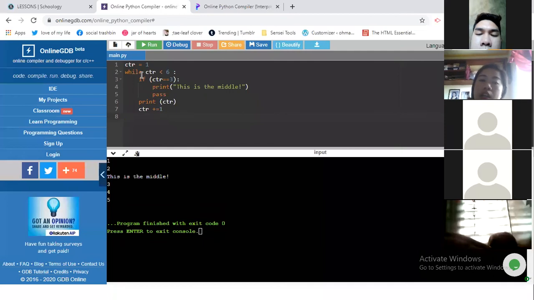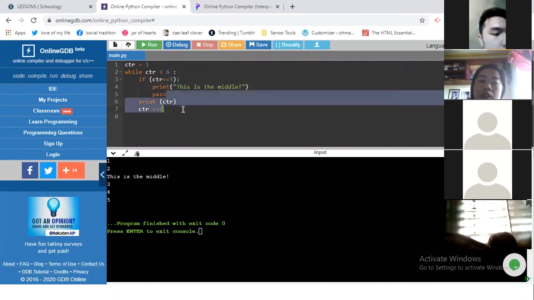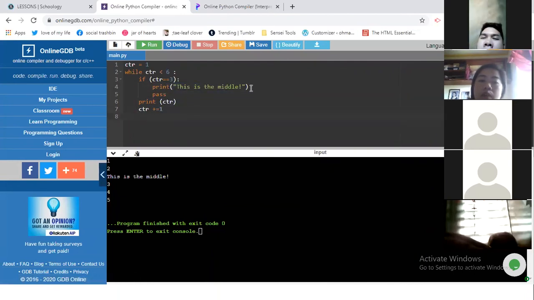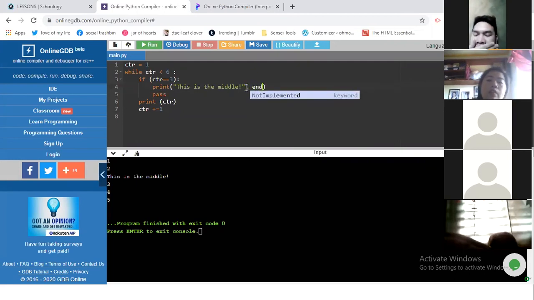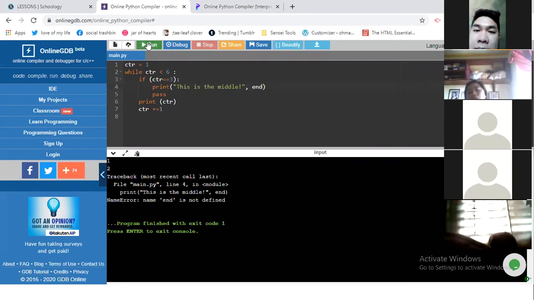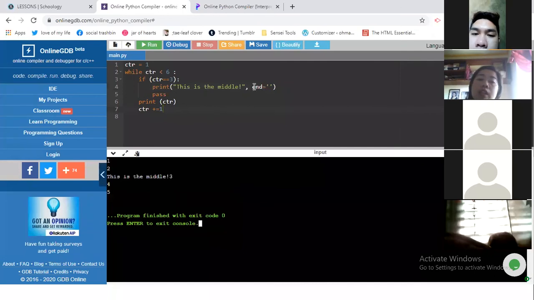Okay? And then, again, yung pass, gagawin niya yung instruction and then, continue niya. Pass. And meron siyang end dito. End. Yun, ganun pala yun. And is equals to... So, yung end dito, ang ginagawa niya, dinudutong niya yung next printing dun sa last line.